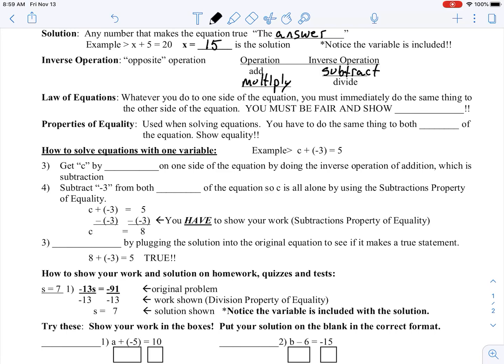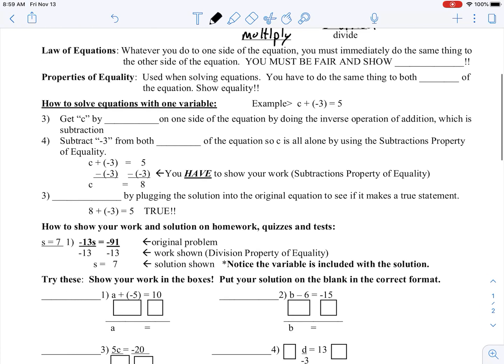All right, so we have our law of equations. This is really important here. This is going to be the basis for everything for solving. So whatever we do to one side of the equation, we must immediately do the same thing to the other side of the equation. So we must be fair, and we must show equality.